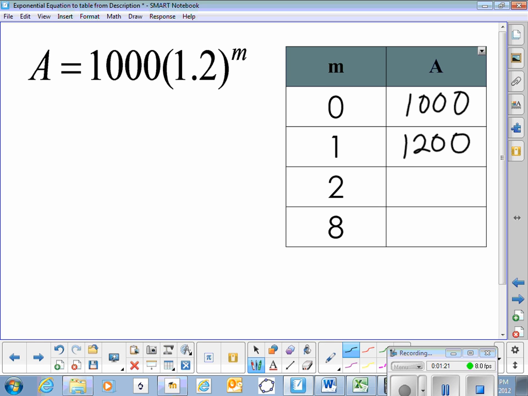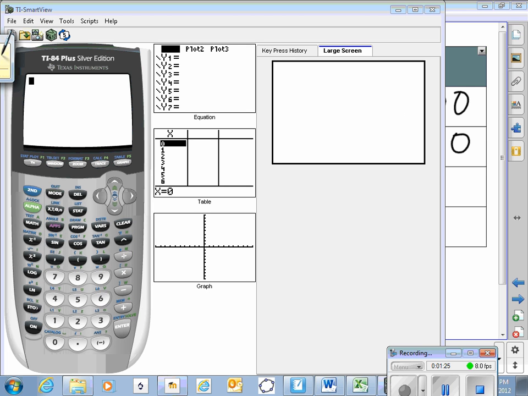1.2 raised to the second power is 1.2 squared. In our calculator, we will type in 1.2. We're going to raise it to the second power, and that is 1.44.